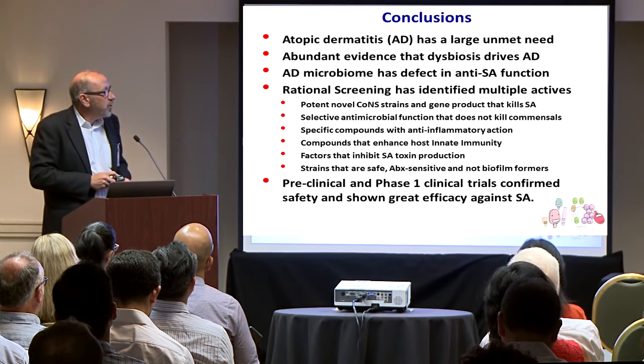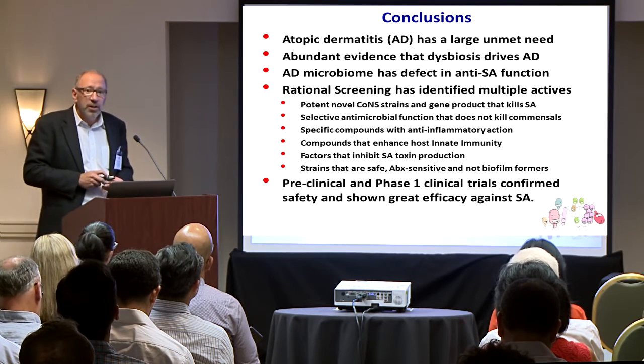And then rational screening has identified multiple activities. I've shown you one, but there's a lot of elements in the screening process that can help us move to the next level of understanding molecular-based, target-based canonical signaling events that can identify the specific strain or the specific genomic composition of that strain that would be beneficial for the target you're trying to approach.